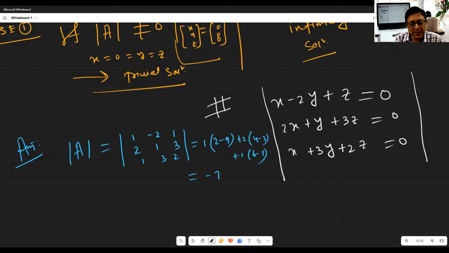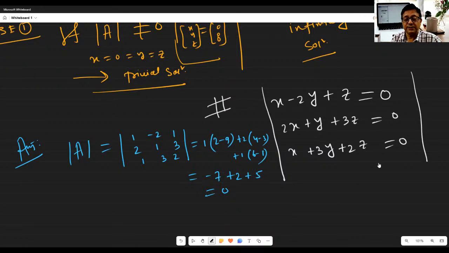So this is minus 7 plus 2 plus 5. I am getting 0. So what will be the conclusion? The given system of equations has infinitely many solutions. In the previous session I told you that if delta equals 0, then it will have infinitely many solutions.